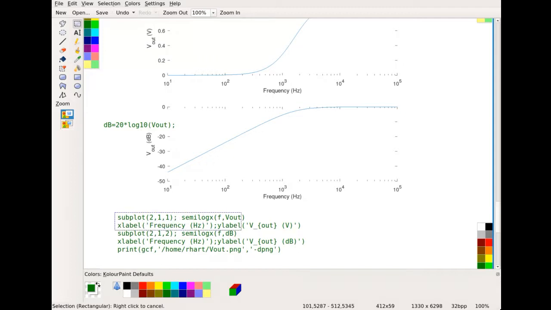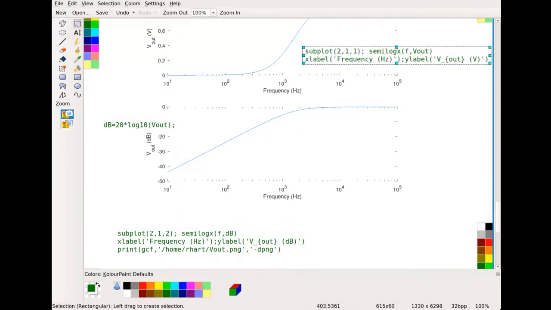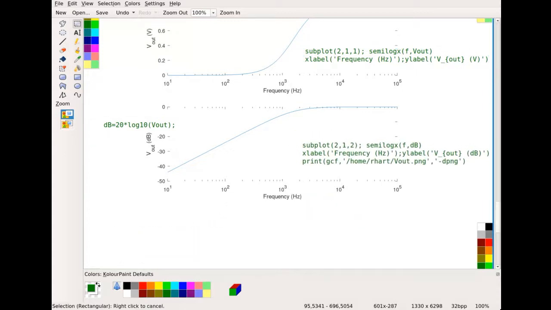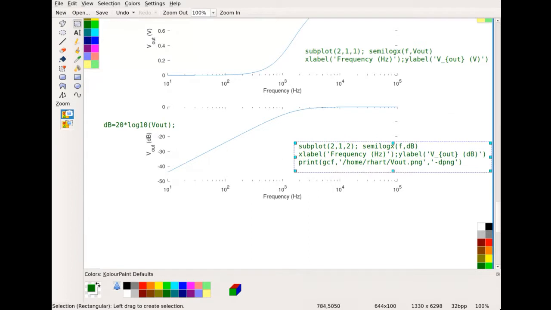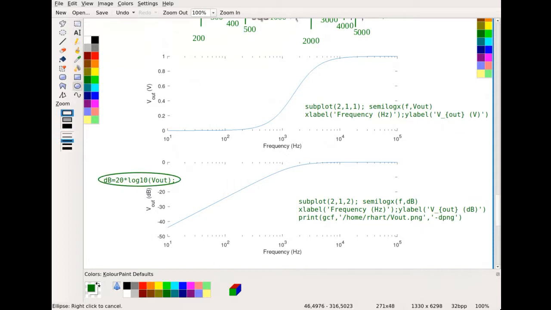And then this was my subplot. On the top subplot, I put just straight voltage, and on this subplot, I put the decibels. So these are the exact same except the bottom one is calculating decibels. The bottom one is in dBs and the top one is in volts. Okay, so you can see the difference here.